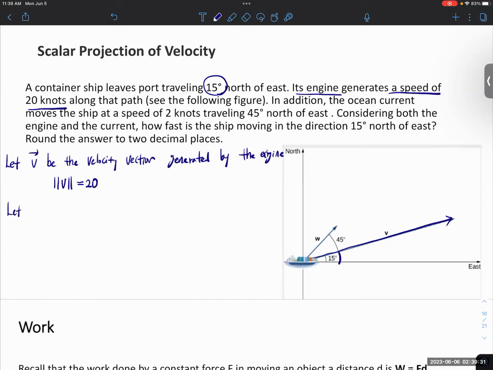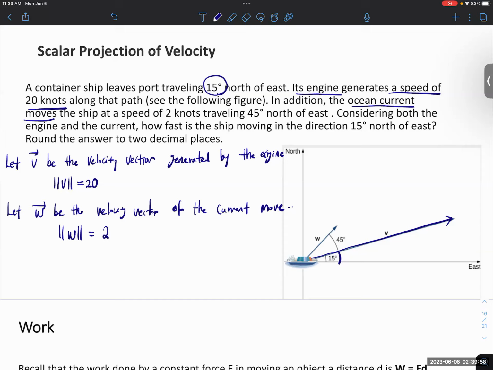Another vector, let W be another velocity vector, the speed of the current moving the ship. The speed is 2.